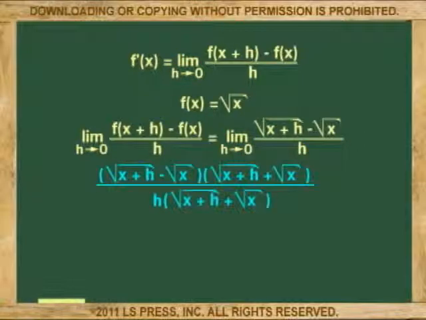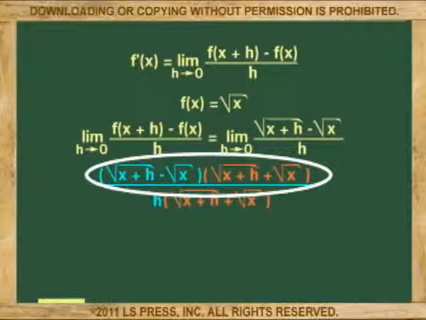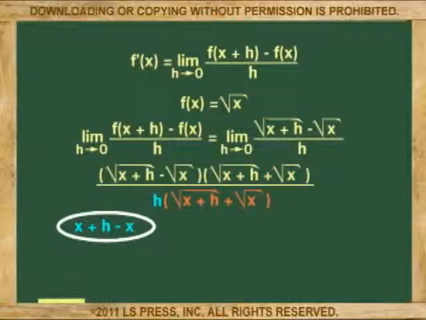We simplify the radicals by multiplying by 1. The 1 in this case is a rational expression that completes the difference of two squares and yields a numerator with no radicals, x plus h minus x, which is simplified further by eliminating the negative x and positive x.